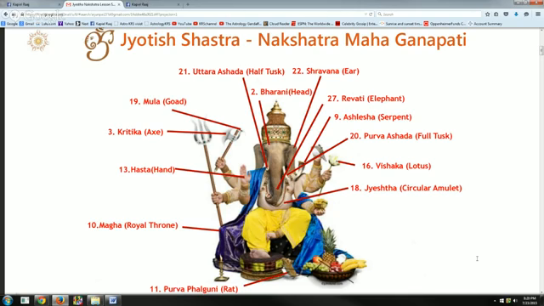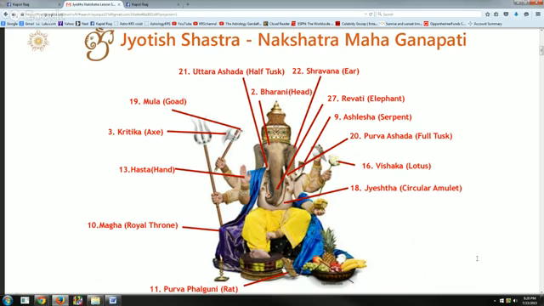Jyotish and Ganesh ji are associated with Ketu. Now, Ketu is also associated with the Mooladhara Chakra.